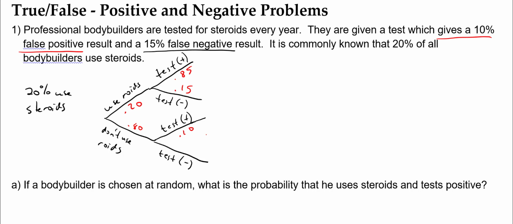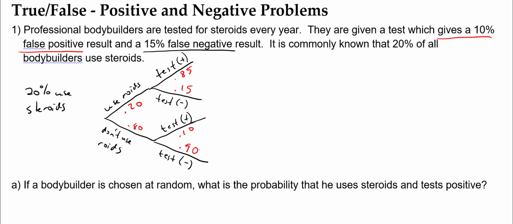So it's a false positive because the test is wrong, right? Because it's saying I don't use steroids, but the test is actually saying, yeah, you do use steroids. So it's false, and it's affirmative positive saying, hey, you got steroids in your system, all right? And then testing negative is, of course, then 0.90.